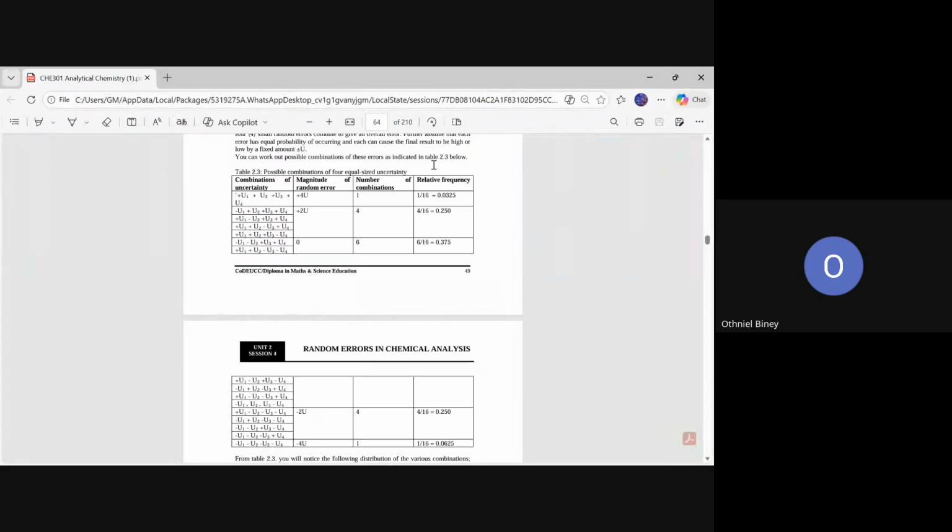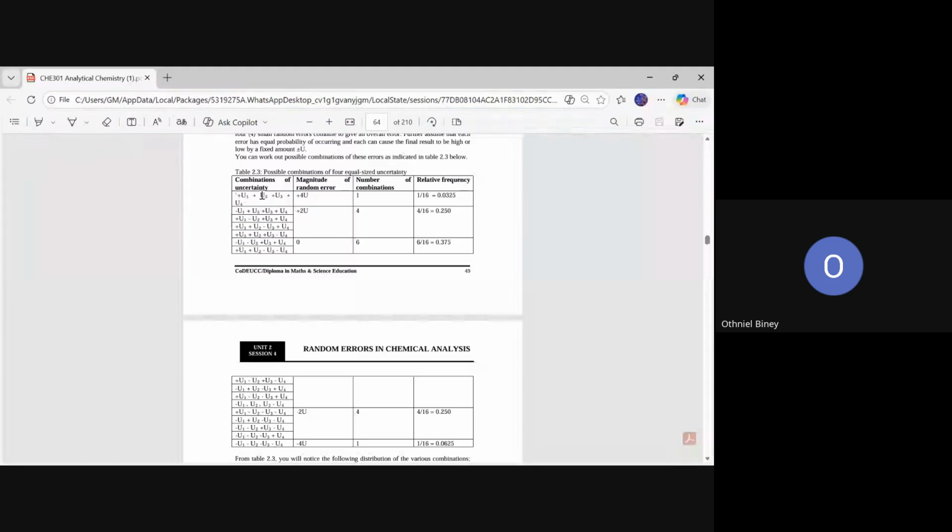Fine. So we've established why we have 16. Then the magnitude of random error is usually from the combinations of uncertainty. Now if you watch here, we have positive U1 plus U2 plus U3 plus U4.